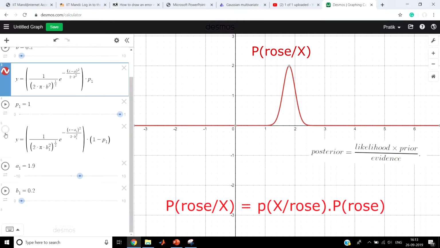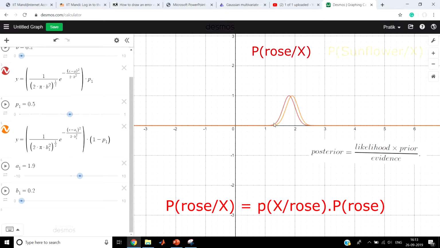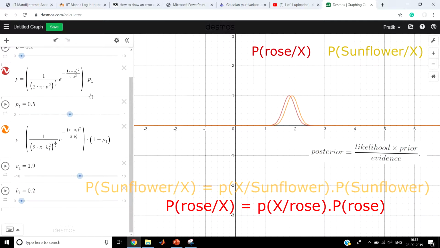And now there is this new Gaussian function, which I am going to denote by yellow. This is for sunflower, and here this is the likelihood of sunflower and this is the prior. Here I am considering a two-class case, so the other prior will just be 1 minus this. If this is 0.3, this will be 0.7, because there are only two cases, right? That is what we can see over here.